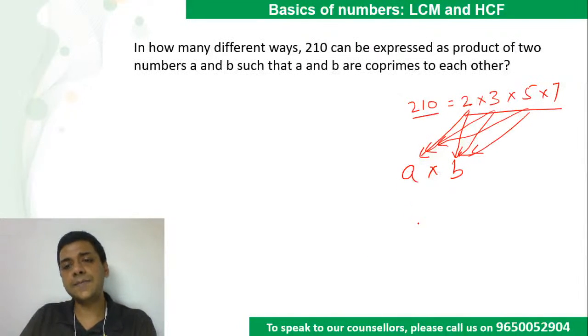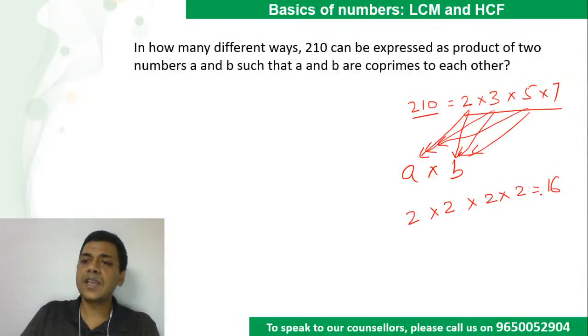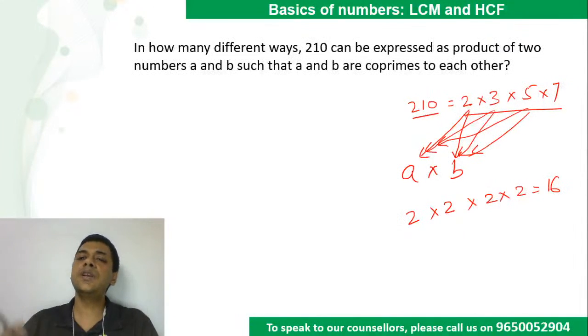So there are two possibilities with 2, two with 3, two with 5, and two with 7. So in totality, in 16 ways, I can write 2 into 3 into 5 into 7 as a product of two numbers which are co-prime.